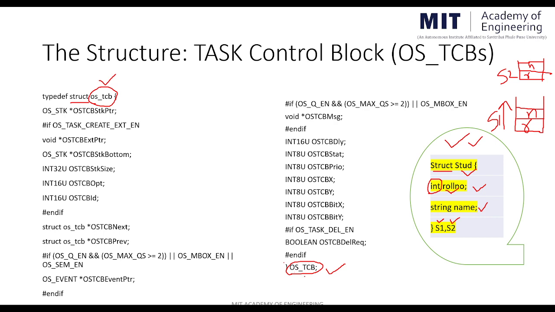OS_TCB in uppercase indicates the variable of the structure. So you can realize that we can create a number of memory blocks. Suppose this is one memory block for OS_TCB.